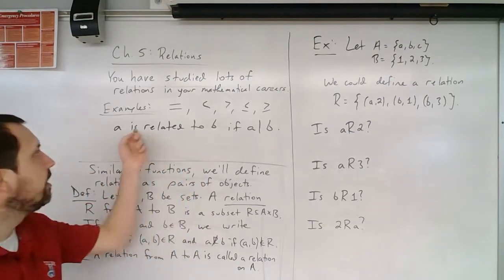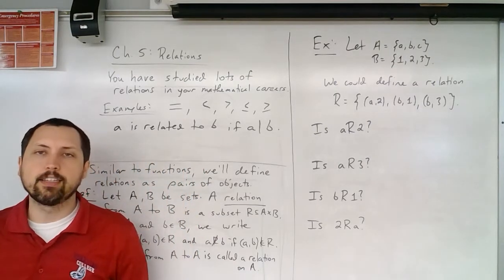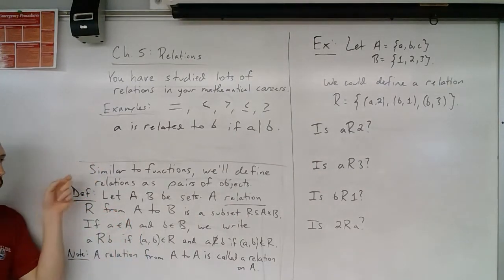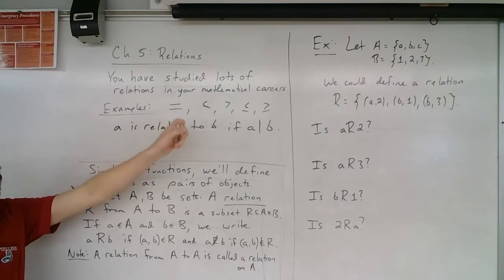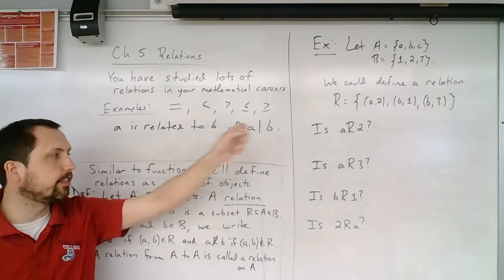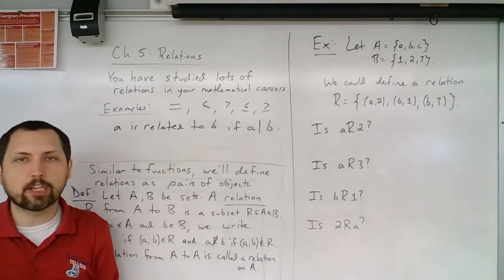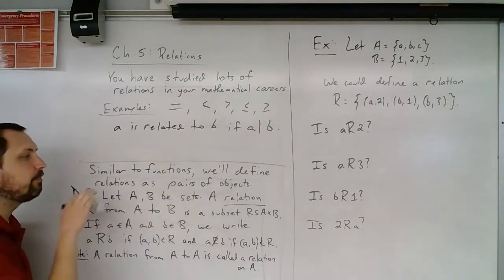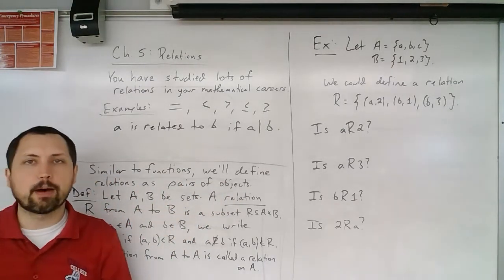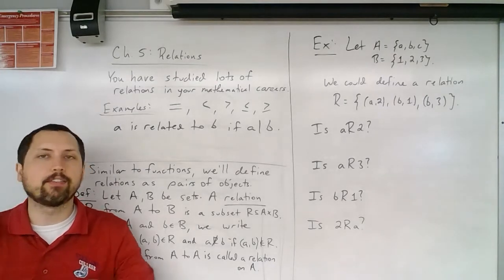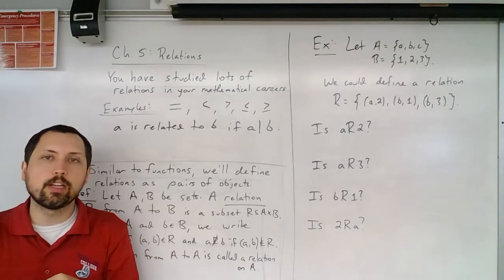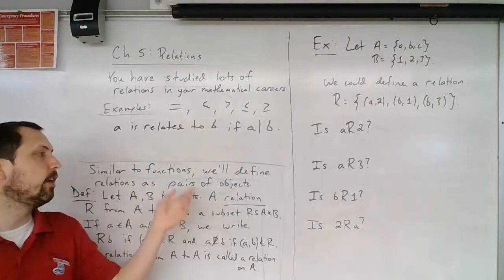So you could say that this relation is described by A dividing B. If we notice with all of these, there are going to be pairs of objects. We could be comparing numbers, or talking about this being related to this, or you could talk about people as well. You can talk about anything. And so we're going to define relations as pairs of objects. Again, we can talk about this as an abstract thing. We could have letters, animals, words, numbers, anything as the objects.